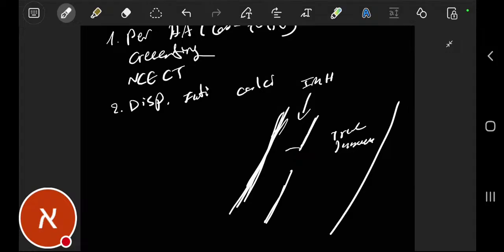Now there is this ulcer-like projection: from the true lumen, there is a projection onto the intramural hematoma. It is focal. You see it in imaging as a focal enhancement from the aortic lumen into the intramural hematoma via a communication. Usually, by the way, the neck of this projection is more than 3 millimeters.